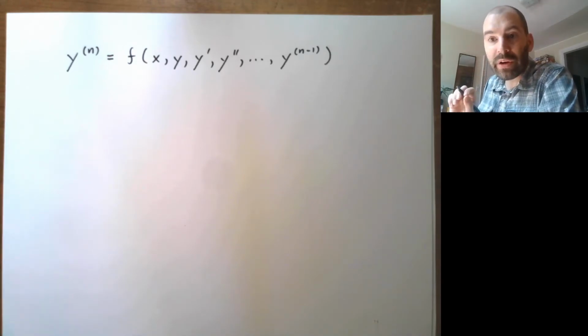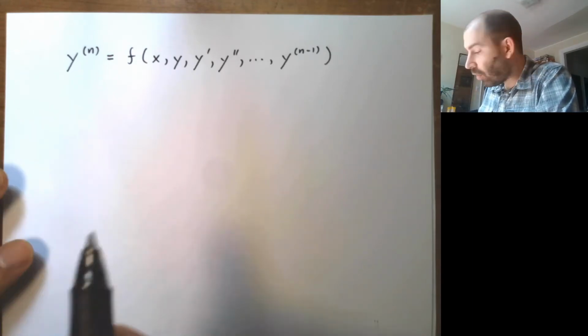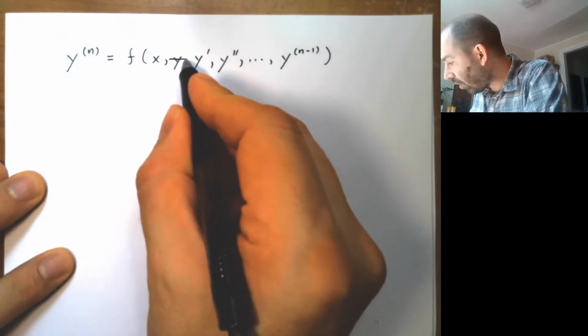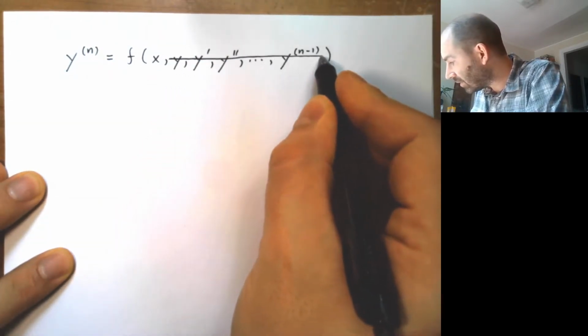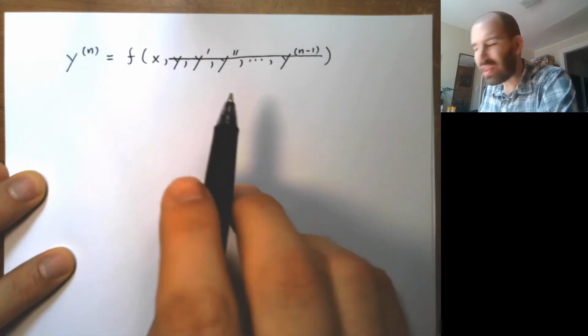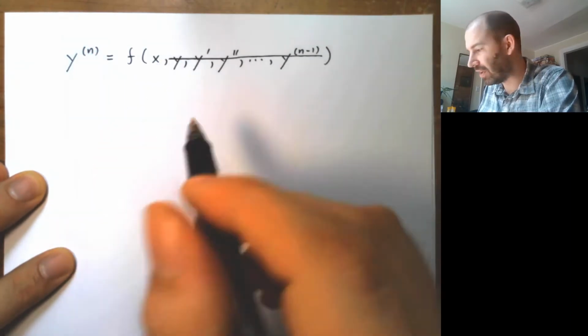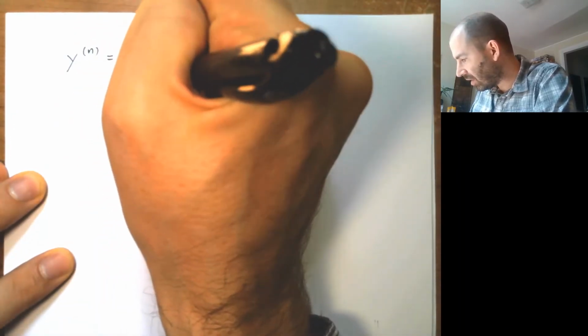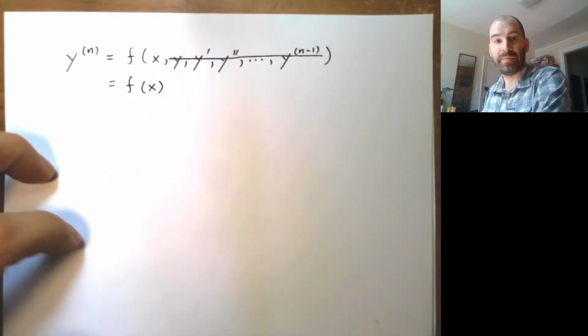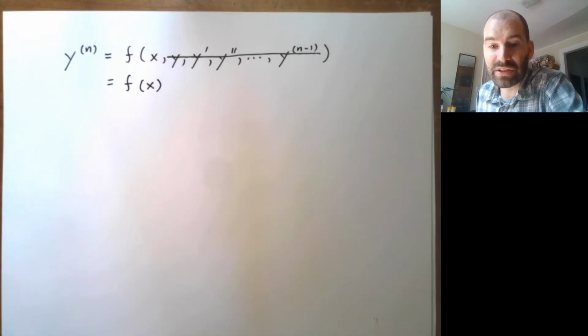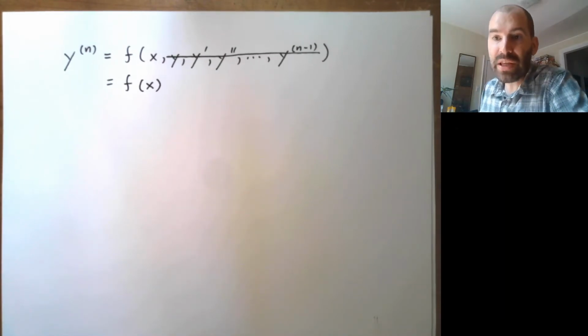Today, we are going to look at an even simpler case where the function actually only depends on x. So you could think of it as a function of all these things, but it just doesn't depend on them. We can think of it as a function of x alone. And these differential equations, it turns out, we can solve pretty easily just by using techniques from calculus.